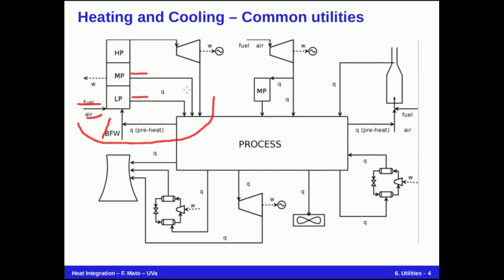In this example, these first two levels are used to directly heat the process, and an upper level steam, high pressure, makes a jump through a turbine in order to produce work. This is cogeneration, and the outlet at a different level is used to directly heat the process. A steam system can be very complex, having several levels.